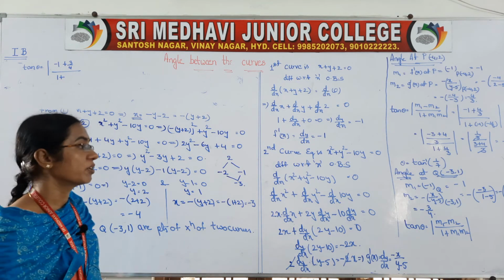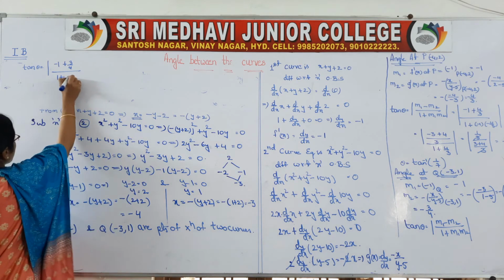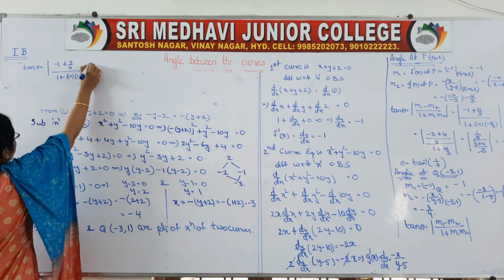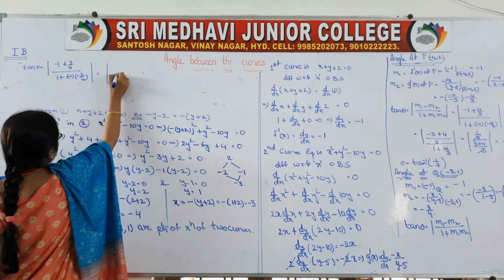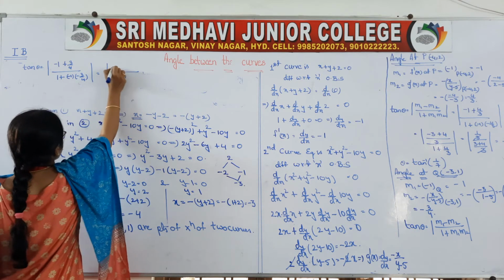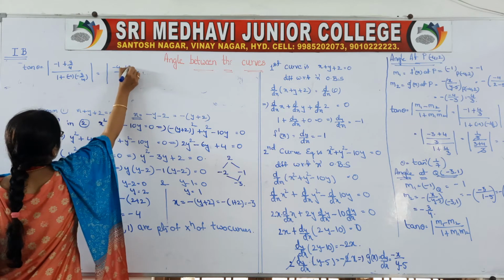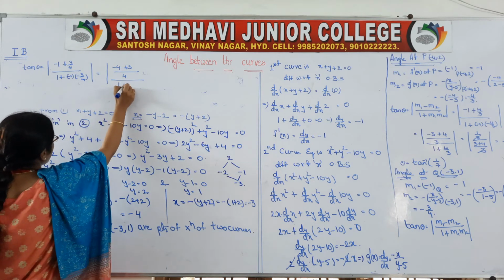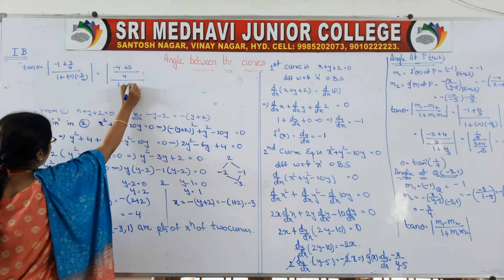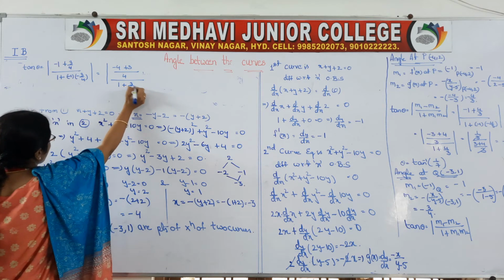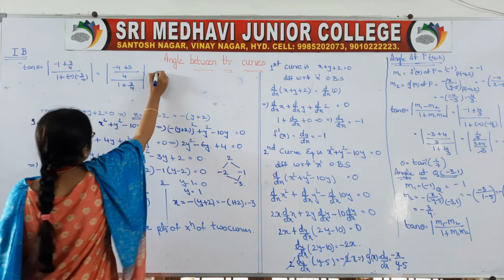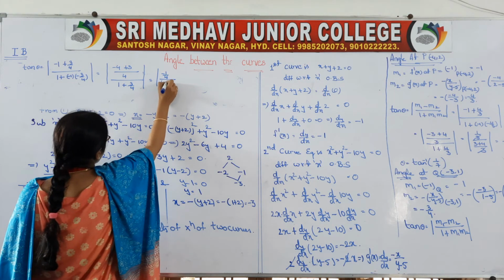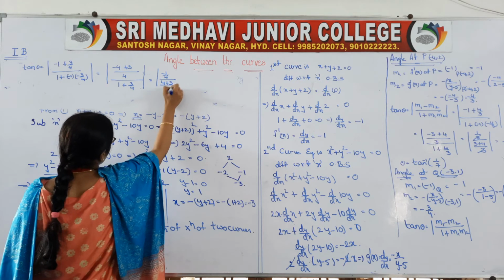What is the value of m1 into m2? That is -1 into -3 by 4. Taking the LCM, 4 is the LCM: (-4 plus 3) by 4, and the denominator is 1 minus of minus, plus, that is 3 by 4. So it is equal to (-1 by 4) by (4 plus 3) by 4.